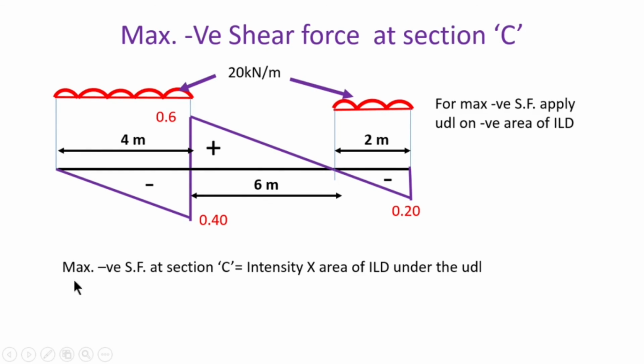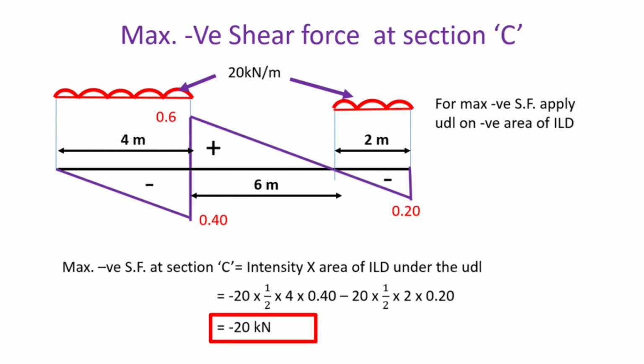The formula is intensity into area of ILD under the UDL. Here there are two areas. Intensity is minus 20 and for the first area, 1/2, base is 4 meter and height is 0.4. Then the second is also negative, below the line, so again minus: intensity is 20 and area is 1/2, base is 2 meter and height is 0.20. So the maximum negative shear force at section C is equal to minus 20 kN.